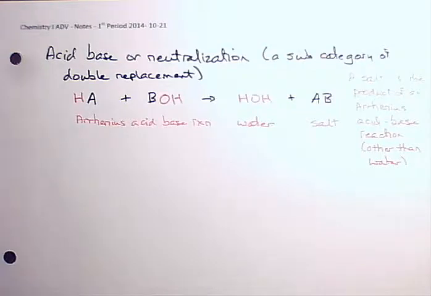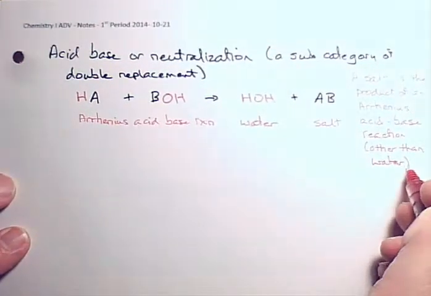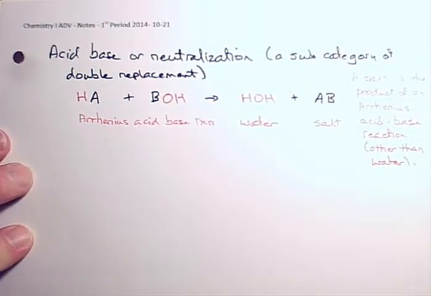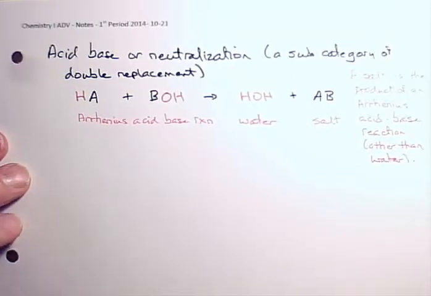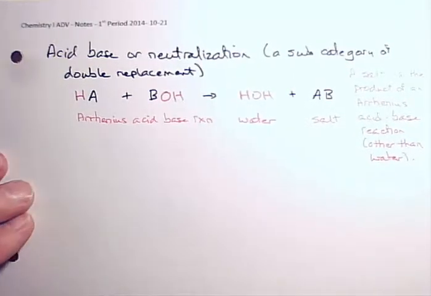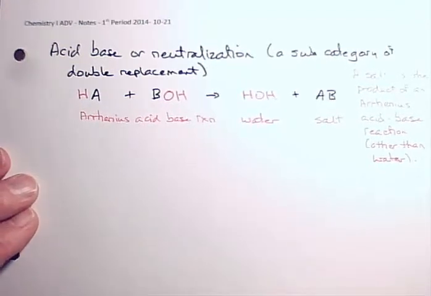Okay, you need to know that's what a salt is. So that means there's a lot more salts besides NaCl, sodium chloride. You can go to the grocery store, the drugstore, Walmart, and buy Epsom salts. Okay, and that happens to be magnesium sulfate, which is the product of an Arrhenius acid-base reaction other than water.